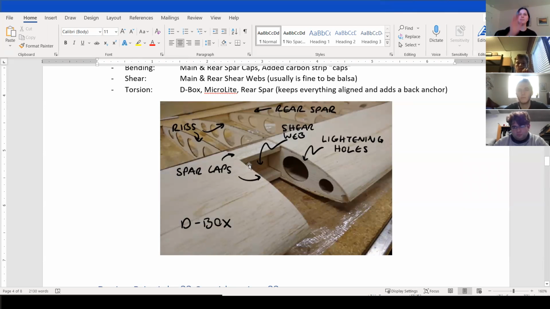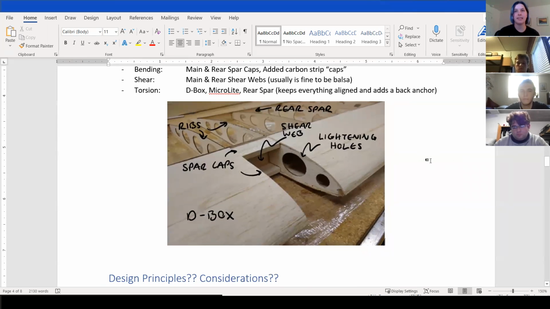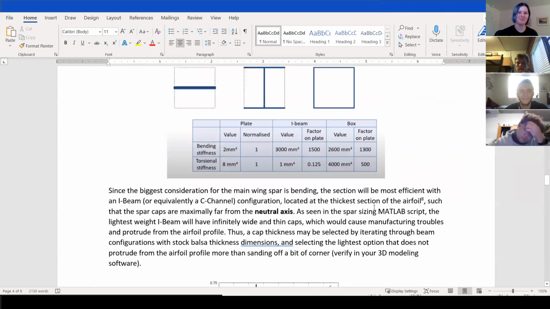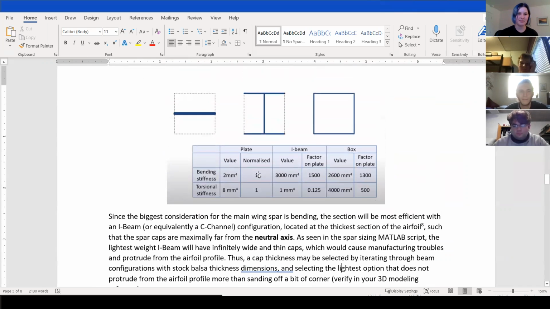If your spar is over here but your pressure is acting net over here, then you're putting in torsion. So there are torsion loads. We don't usually calculate them, but we do this D-box, and then it's pretty much like, good job, we did it. So those are some design ideas to think about.